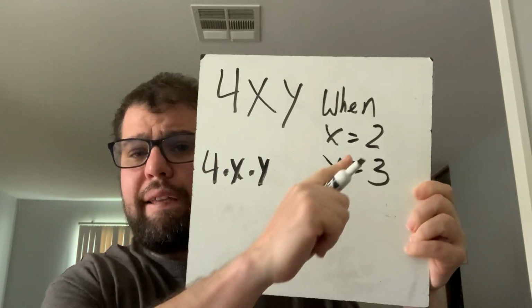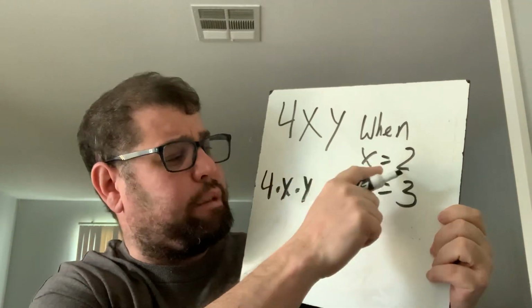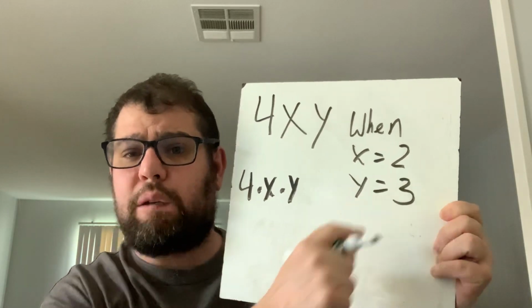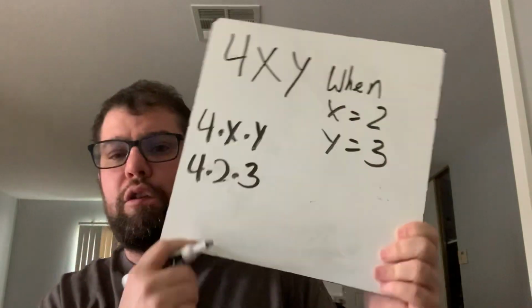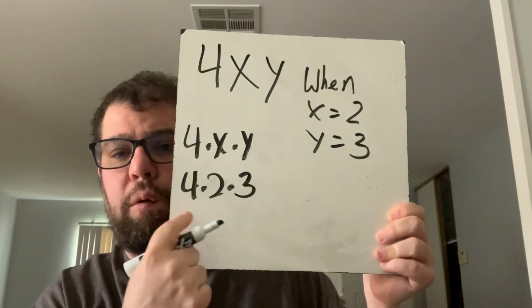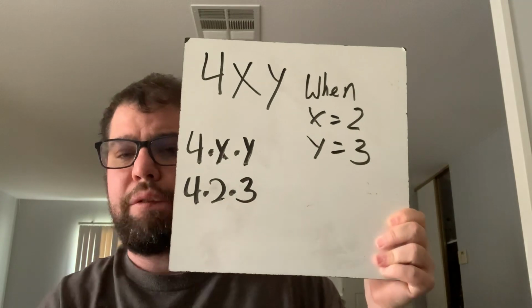Then I substitute, and I have x equals 2 and y equals 3. Where my x is, I'm going to put the 2, so 4 times 2 times, and where my y was, I'm going to put the 3. So my new problem becomes 4 times 2 times 3.